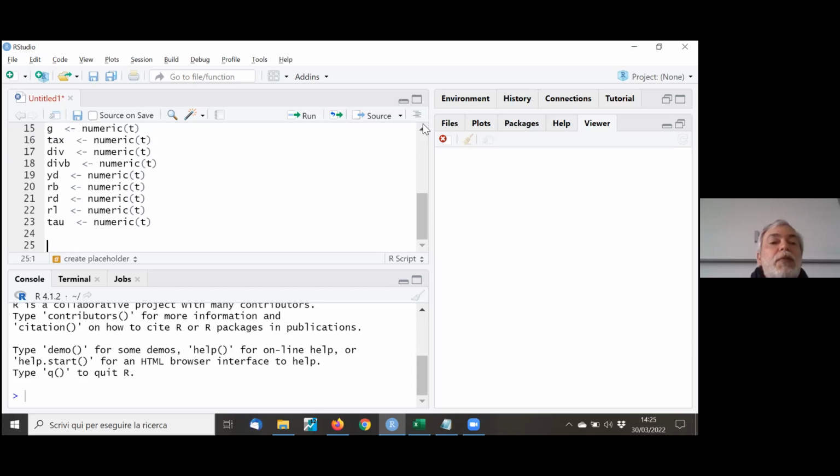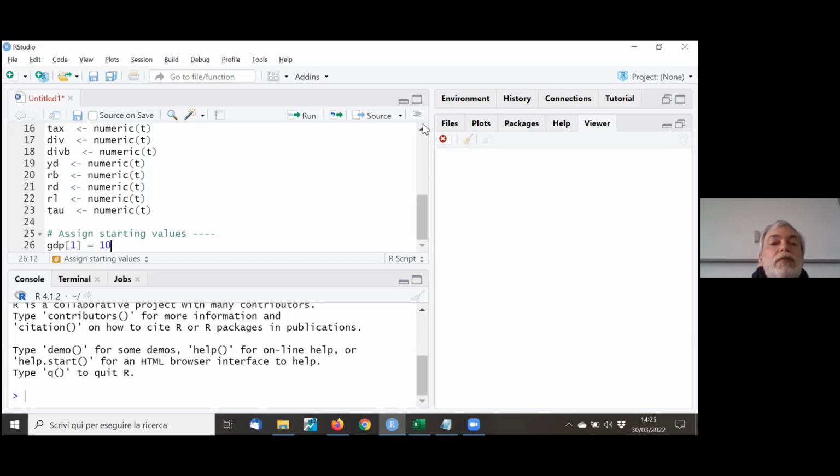Okay. So now we have the placeholders in place. So now what? Now assign the starting values. Right. And how do we do that? So GDP equal to, and with the square brackets after GDP, so GDP square brackets 1.